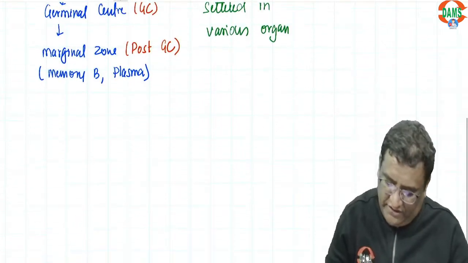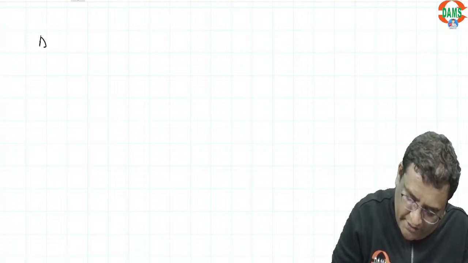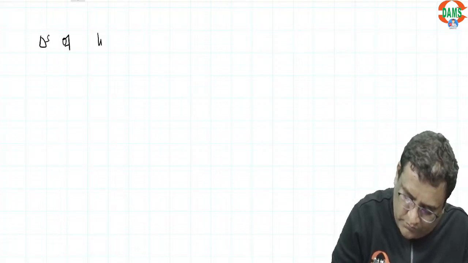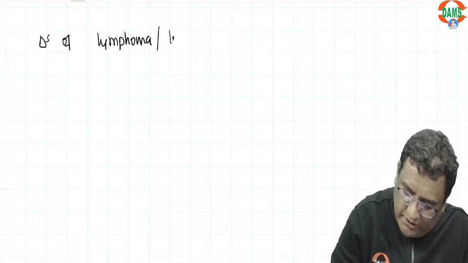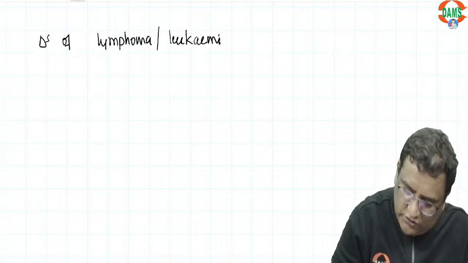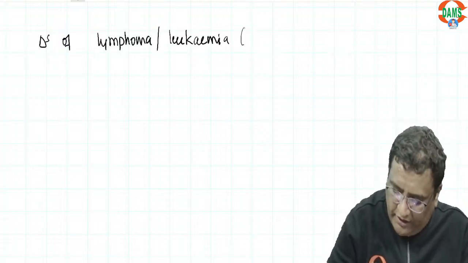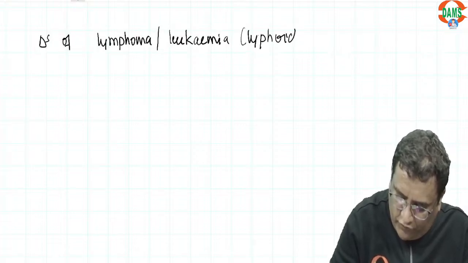So let me start first with, okay, how do we diagnose? For diagnosis of lymphoma and leukemia, this is where most people confuse lymphoma and leukemia. So I'm talking about lymphoid leukemias, or together I can call them only the lymphoid.